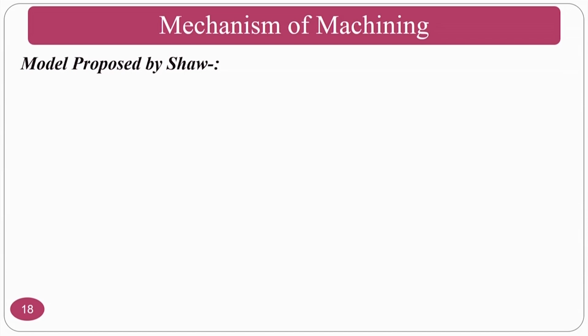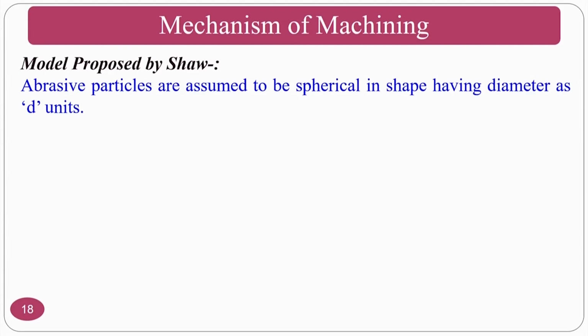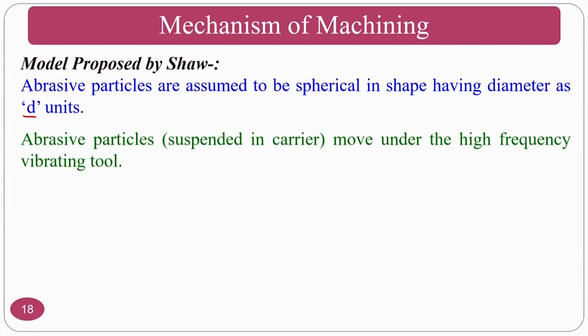The material removal mechanism model is proposed by Professor Shaw. Abrasive particles are assumed to be spherical in shape, having a diameter of d. Okay. So abrasive particles suspended in a carrier move under the high frequency vibrating tool. That means that all the abrasive particles that you are feeding in the previous figures are moving beneath the tool.